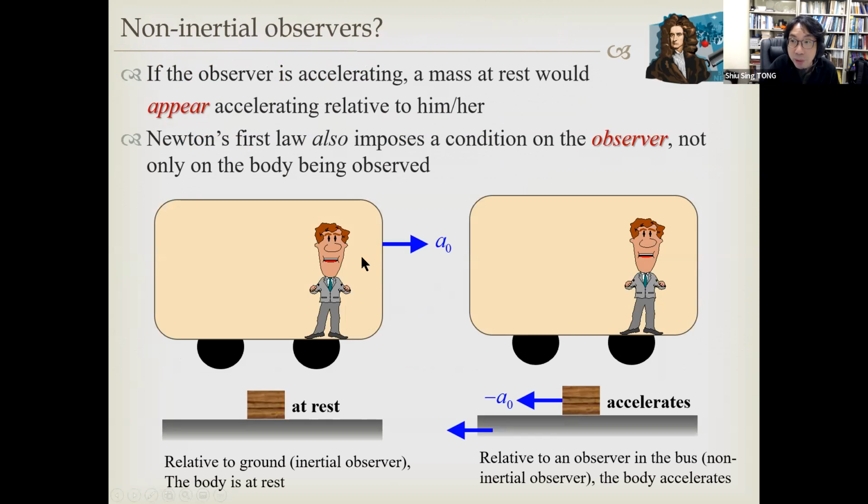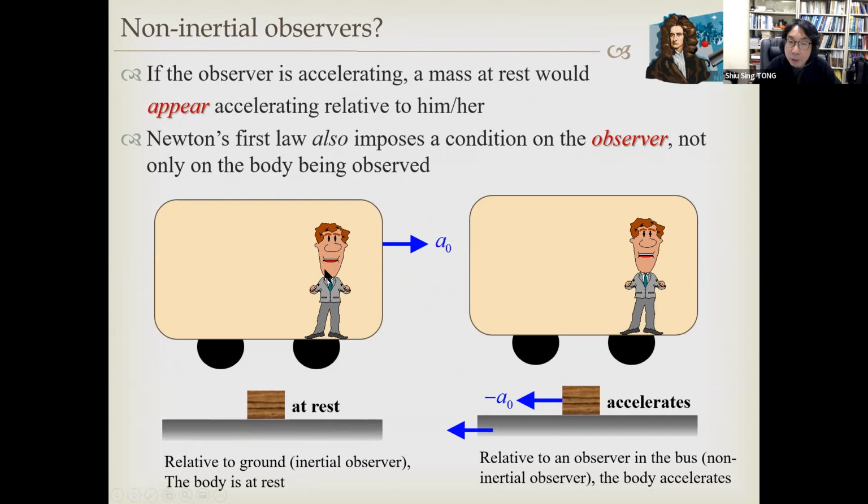Imagine an observer is accelerating, then what will happen? Suppose you have a bus, and inside the bus you have a person standing, and the bus is moving with an acceleration relative to the ground. So you just get a ride on the bus, and the bus starts accelerating to the right. Now, when we look at an object on the ground, we find that the object is at rest, right?